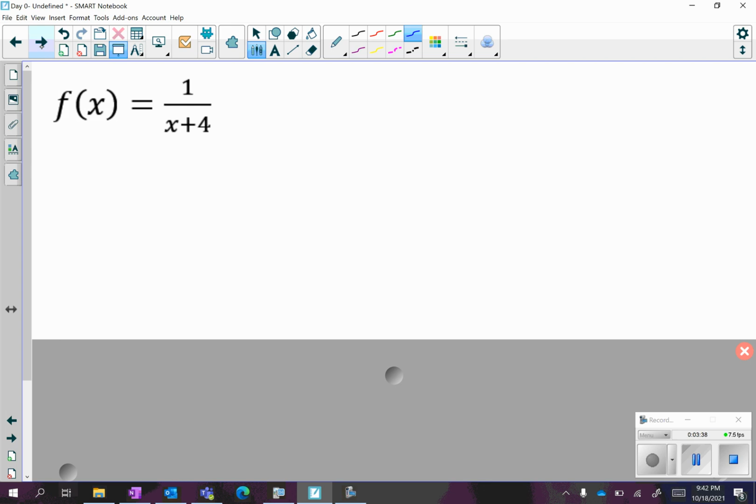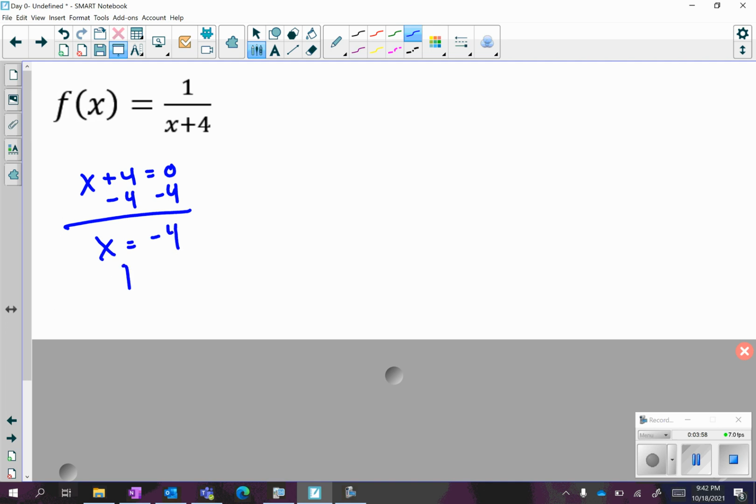Let's take a look at an equation though. In this equation, we want to find where it's undefined. So we're going to take the denominator and set it equal to 0. And we get x is equal to -4.